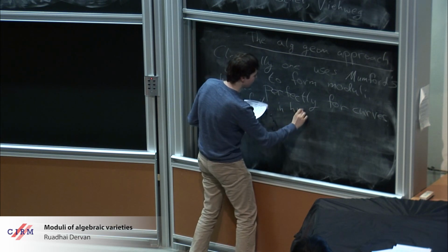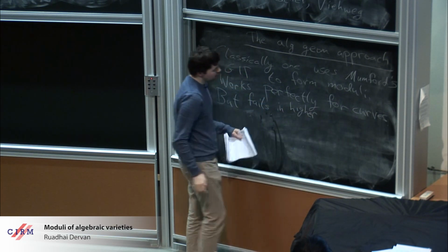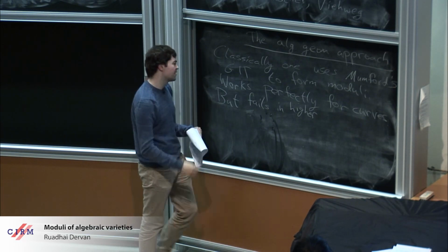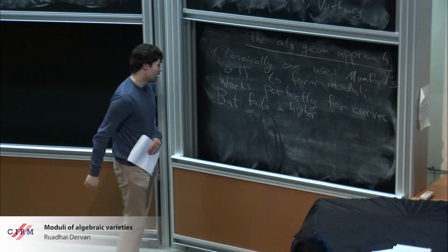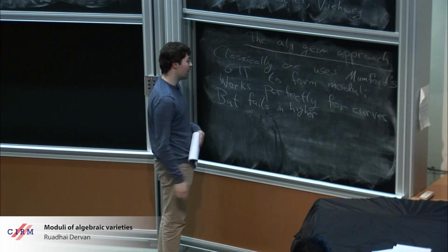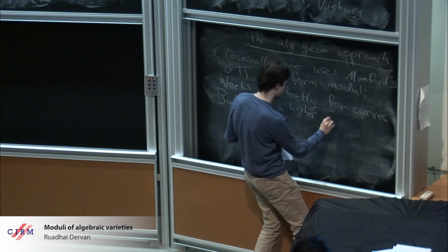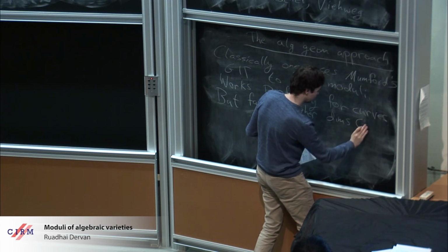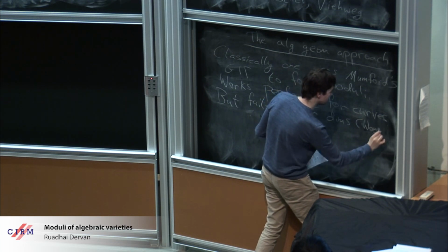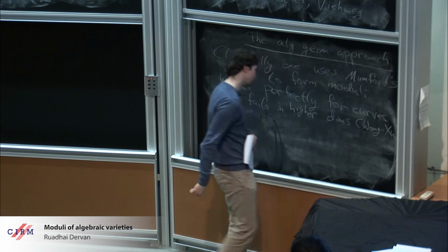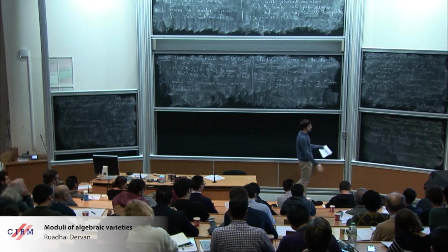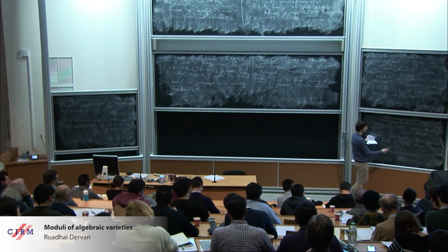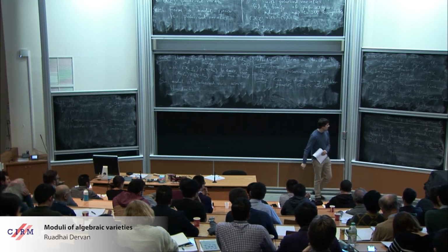It fails in higher dimensions. This was expected from some work of Shepherd-Barron in the early 80s, but the definitive paper is by Xiaowei Wang and Chenyang Xu. So somehow, even though GIT does everything you could possibly want for curves, in higher dimensions you have to take a different approach.